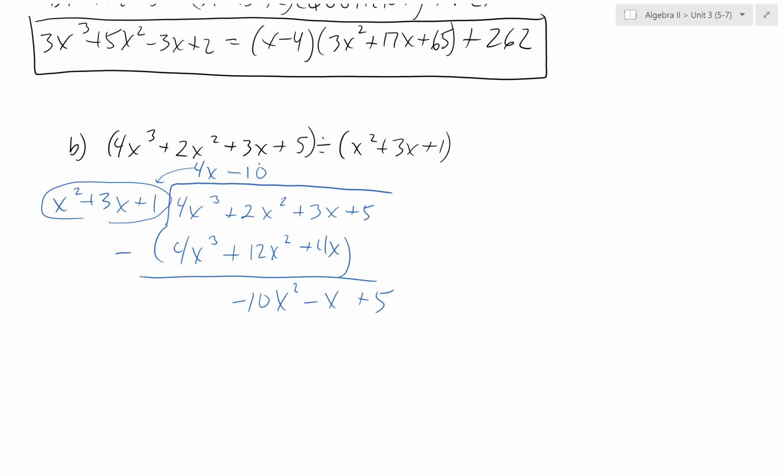Negative 10. If I multiply that times that, that's going to give me negative 10x squared minus 30x minus 10. Now we subtract. Everyone go ahead and do that subtraction. Hopefully you're writing in pencil.